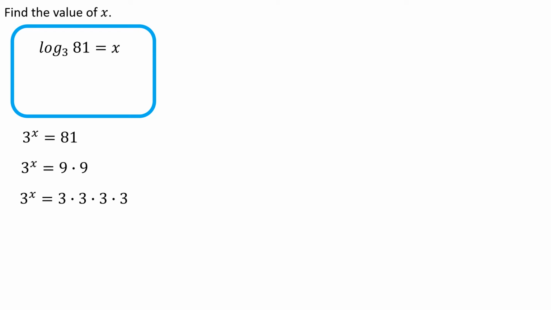Right? 3 times 3 is 9. 9 times 3 is 27. 27 times 3 is 81. So it looks like I've got 4 of those 3's being multiplied together. So that must be 3 to the fourth power. 3 to the fourth power is going to be 81. X has to be 4. Right? When I see it written in logarithmic form, it doesn't make any common sense for me. I rewrite it exponentially, and then I can start to explore the equation.